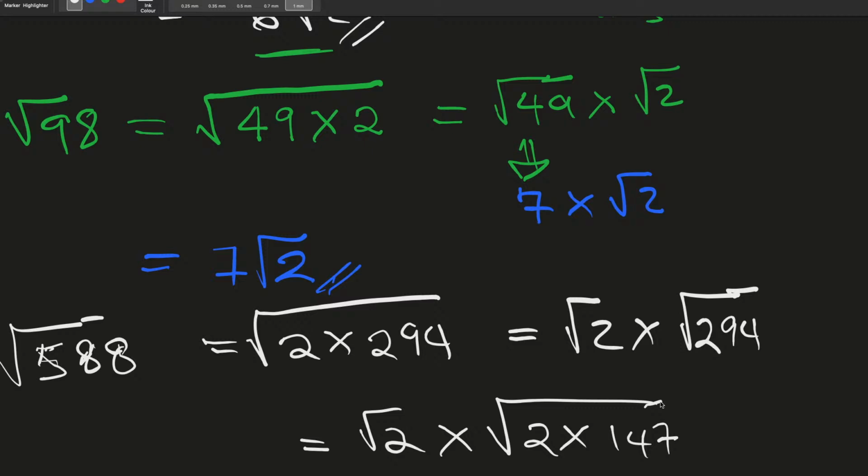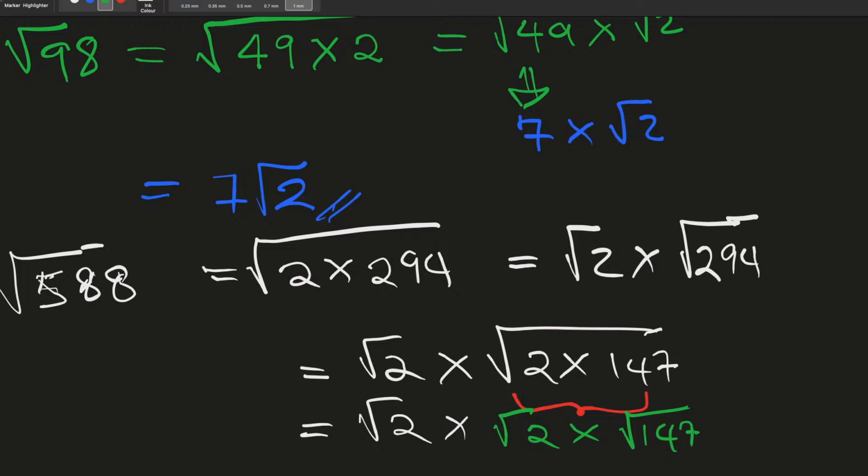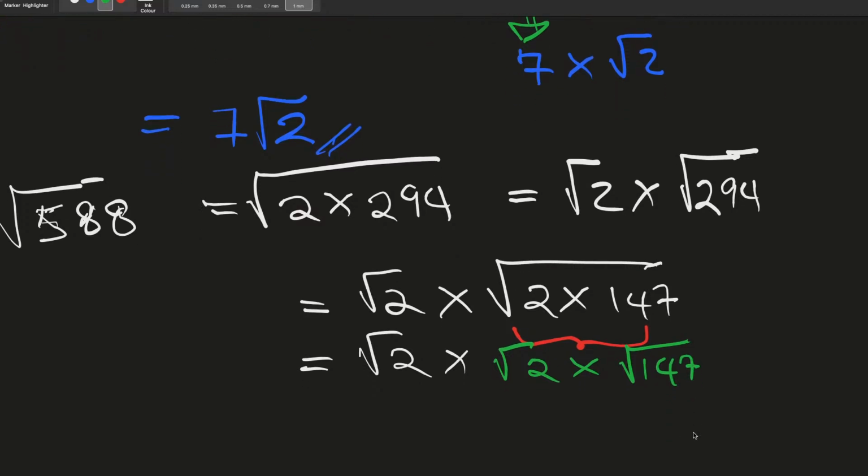So if that is the case, then we still have this one to be root 2 times, we have to expand this. When we expand that, we are going to get root 2 multiplying by root 147. Now our answer becomes root 2 times root 2 times root 147.